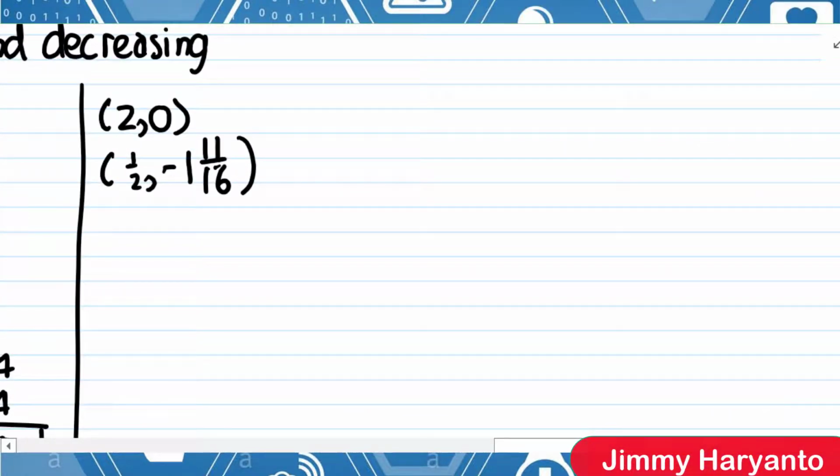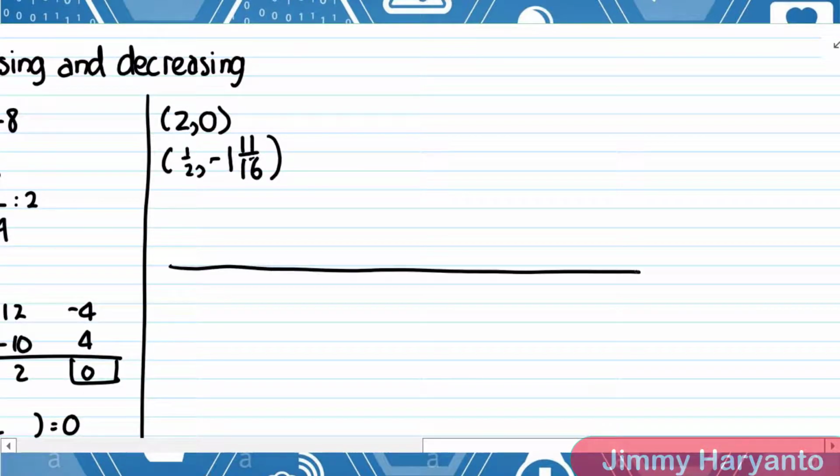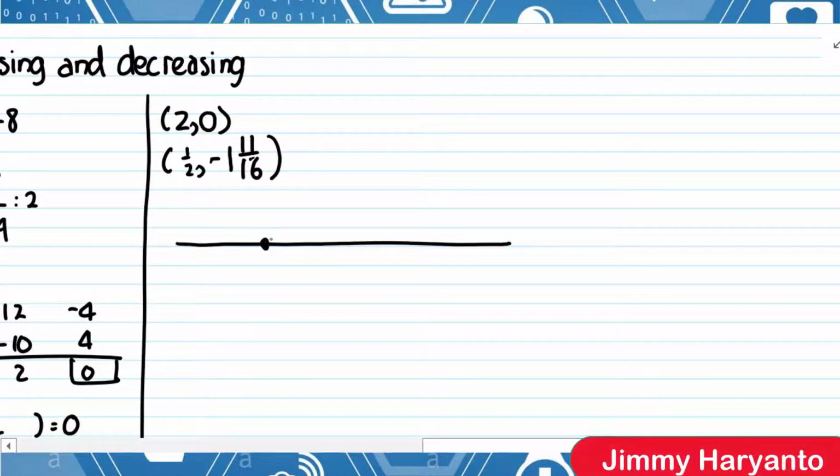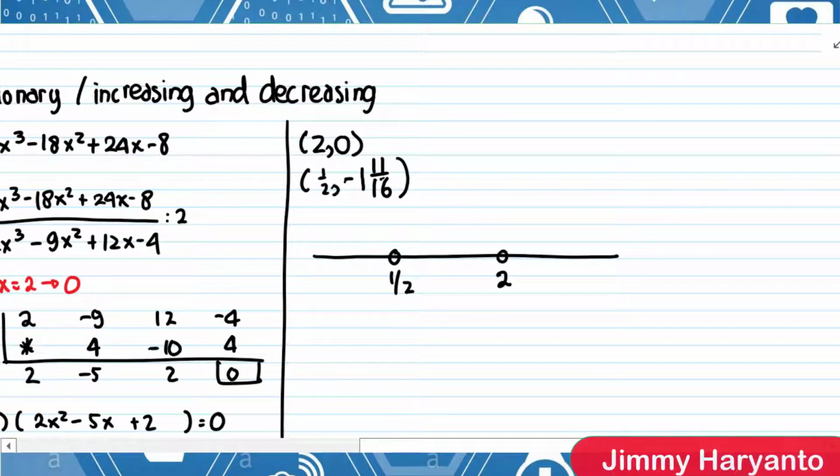After this we can find the increasing or decreasing intervals using a number line. For the number line, you will start from half and then 2, because the values of x are half and 2. When x equals 0, we have to test whether the value of the second derivative is positive or negative.